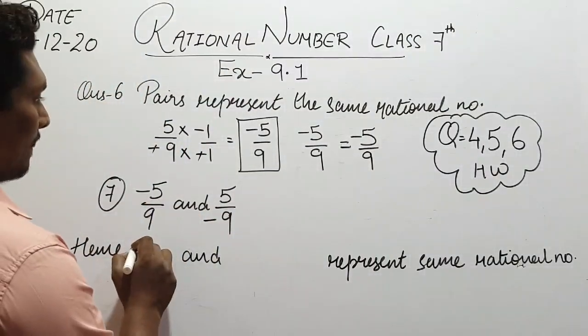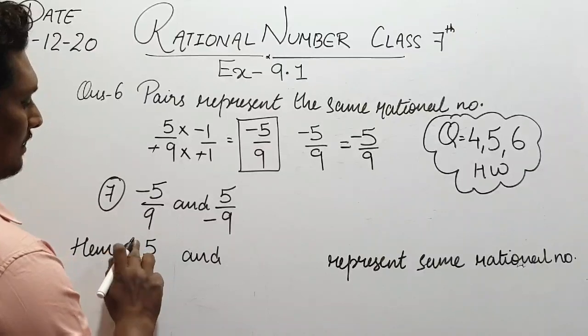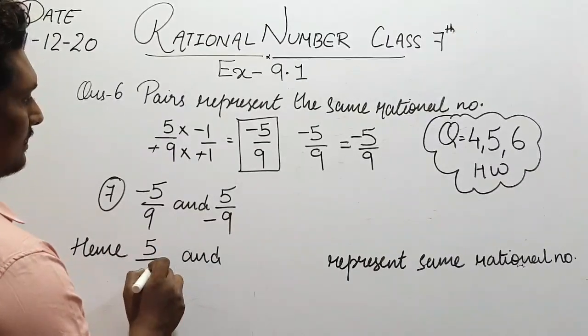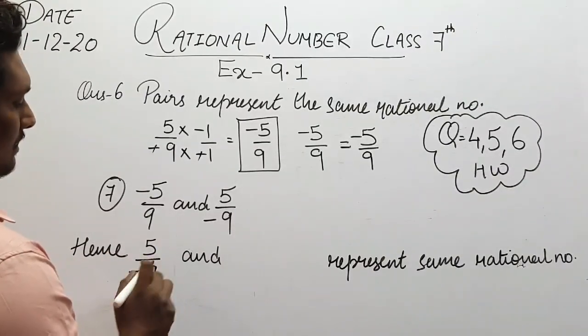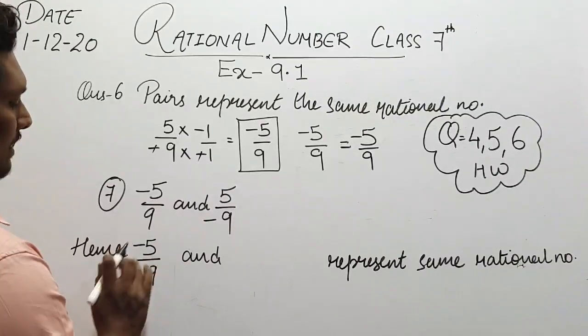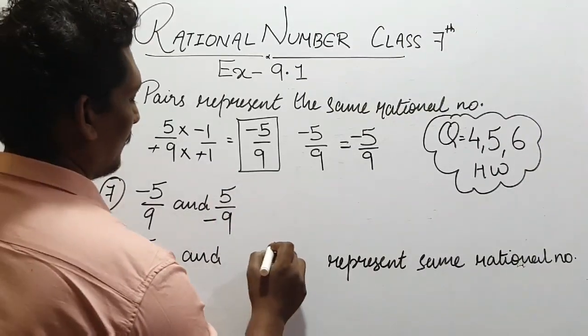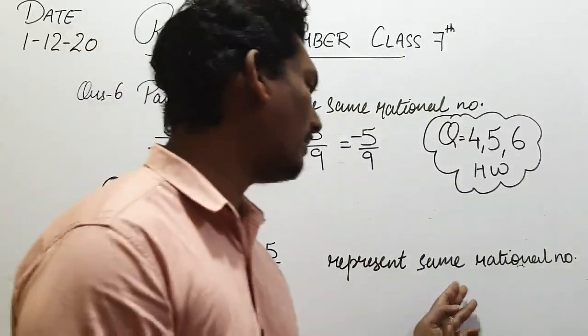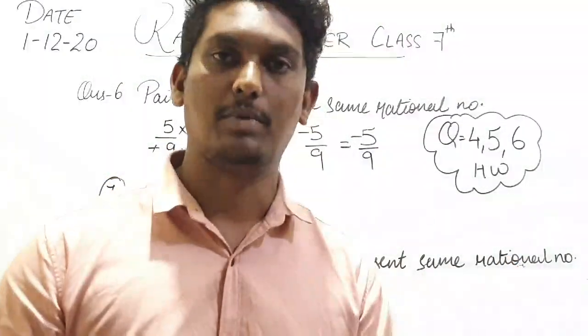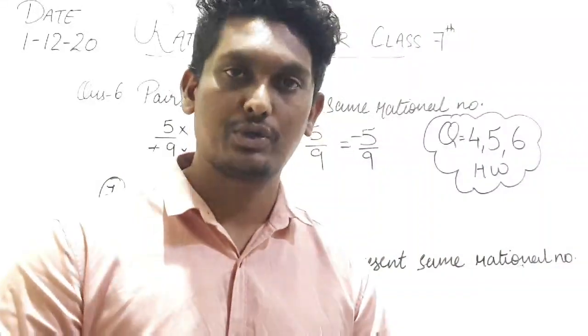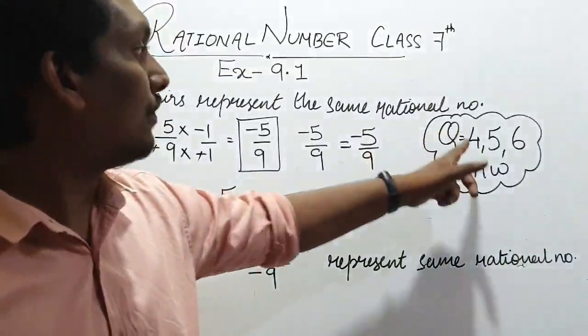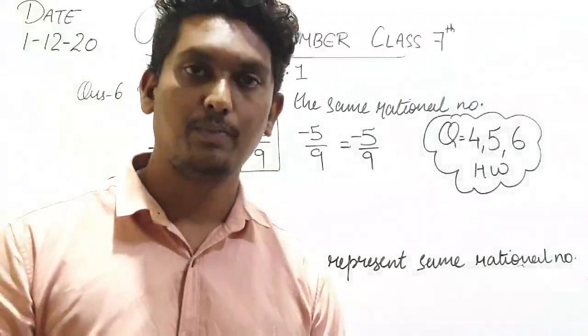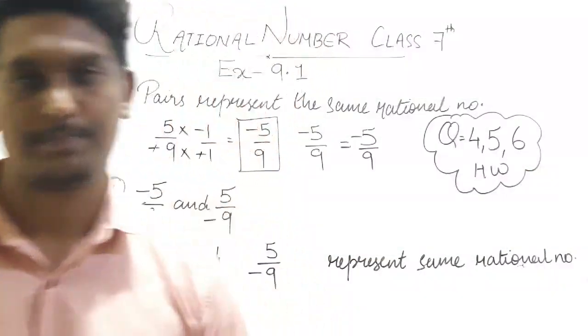So minus 5 by 9 and 5 by minus 9 represent the same rational number. Okay, this was all about this question. Questions 4, 5, 6 are homework for you. Just go through it.